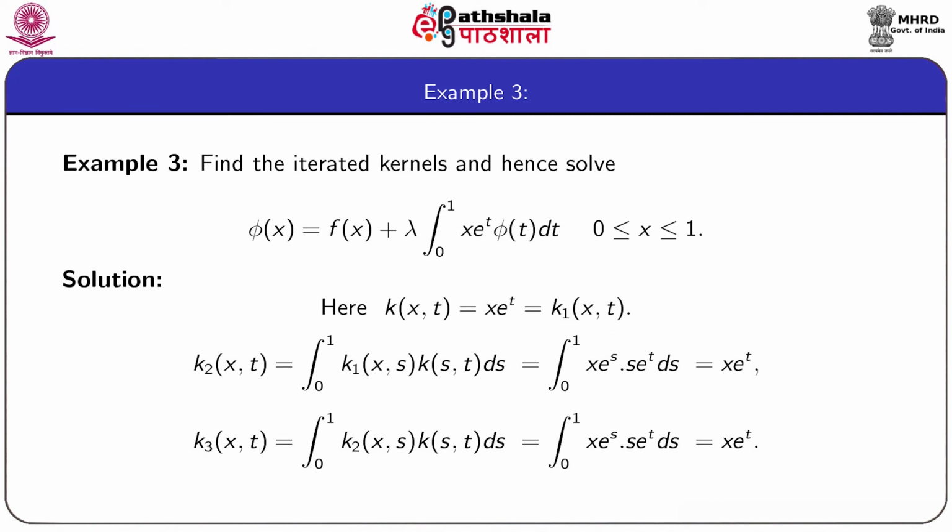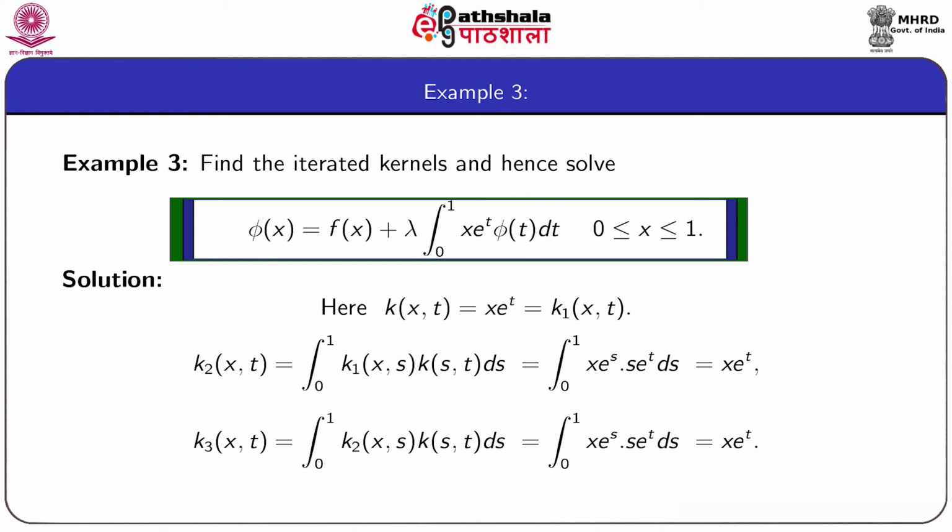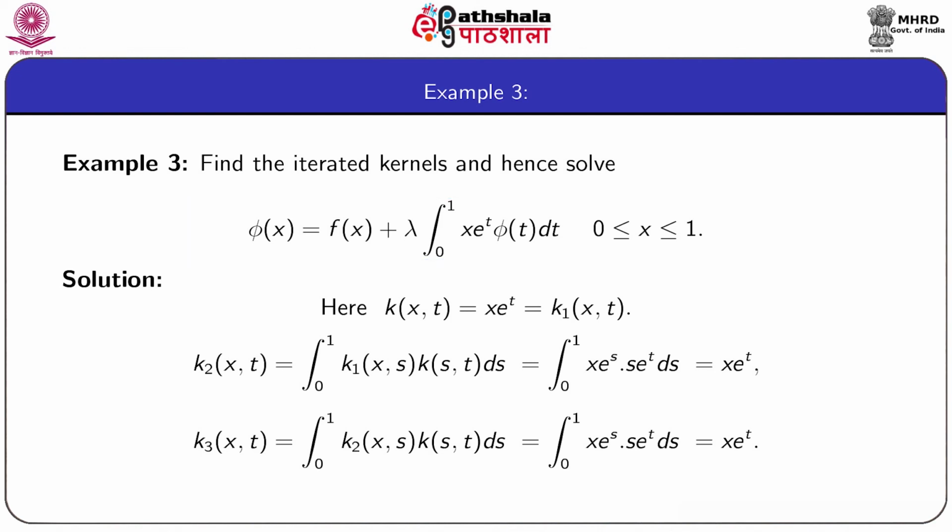Next, we consider example 3. Find the iterated kernels and hence solve phi(x) equal to f(x) plus lambda integral 0 to 1 x into e to the power t phi(t) dt. Here the kernel function K(x, t) is equal to x into e to the power t, and which is the first iterated kernel K1(x, t).